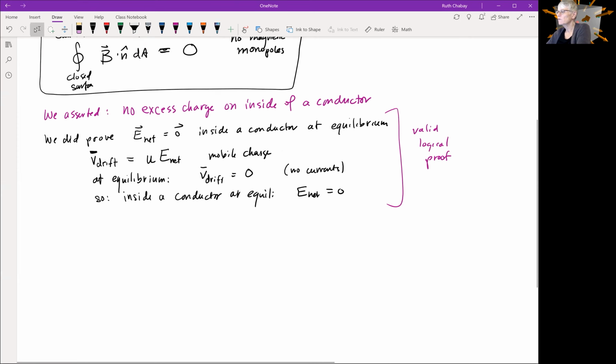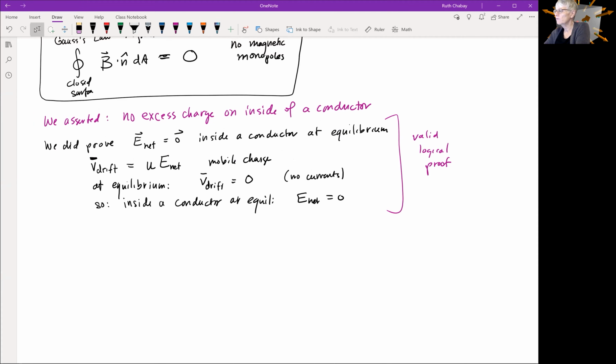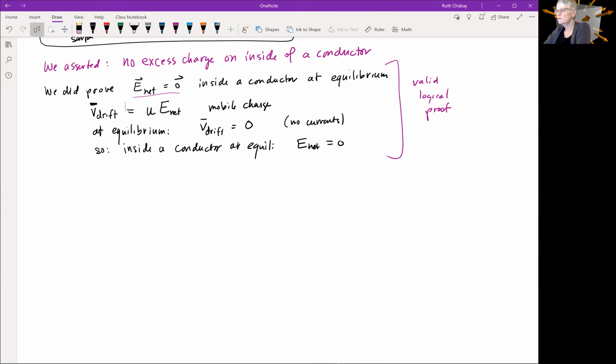Now, what we didn't prove, though, is that there's no excess charge inside a conductor. We proved that the net field has to be zero inside a conductor, but we can now use Gauss's law to help us prove the rest. So let's consider the following scenario. Here's some blobby piece of metal, and we'll put some charges outside it to polarize it.